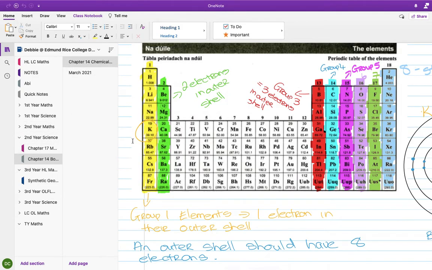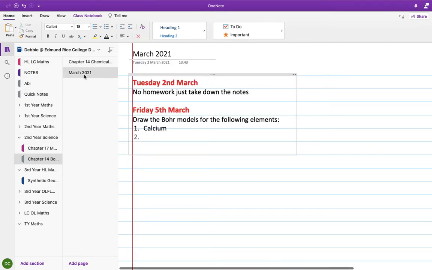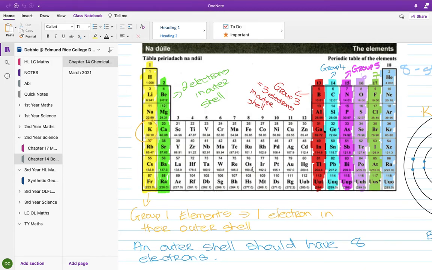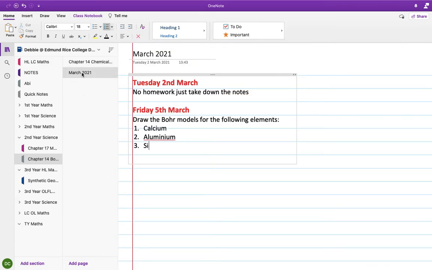Second one we'll do, let's go with aluminium. Aluminium, yep. Third one, we're going to go with silicon, and then we'll do oxygen. Okay, so I'm asking you to draw 4 of them.